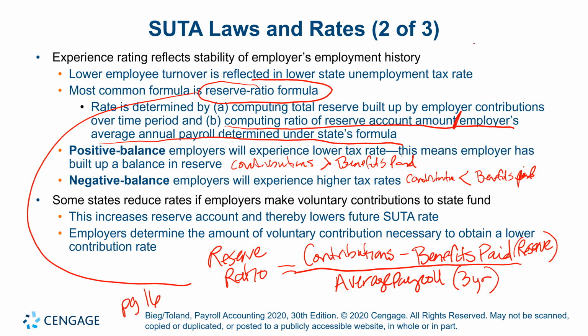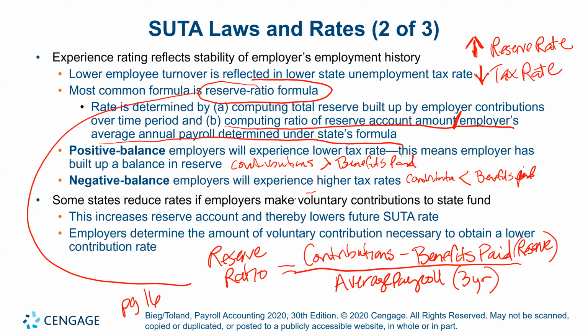So the higher the reserve rate, the lower the tax rate, right? And it does show this to us, bottom of page 16, right? This formula is at the top of page 16. At the bottom of page 16, they show us this reserve rate and tax rates have an inverse relationship. So the higher the reserve rate, the lower the tax rate, right?